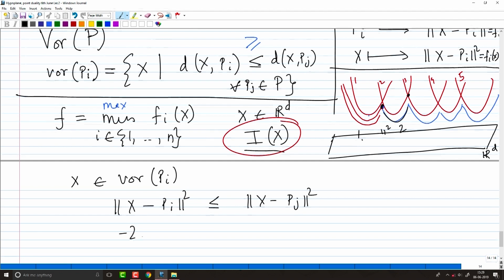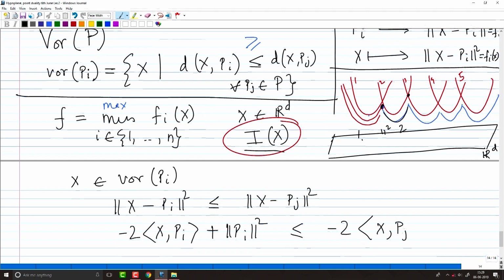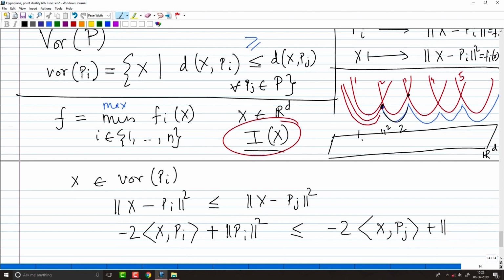So this means -2 x·p_i + ||p_i||^2 is less than or equal to -2 x·p_j + ||p_j||^2. I just cancelled the norm square of x from both sides, right.